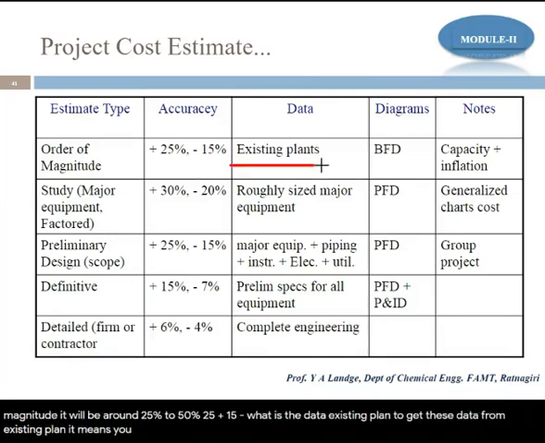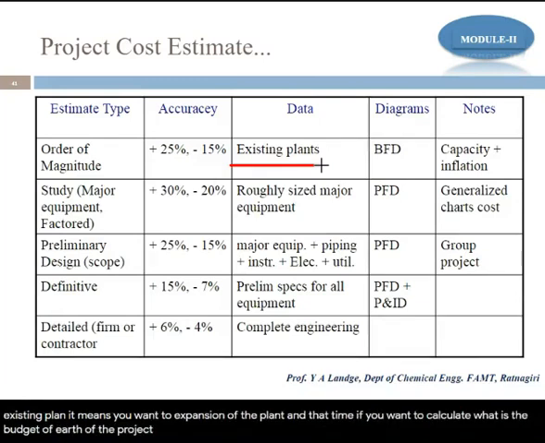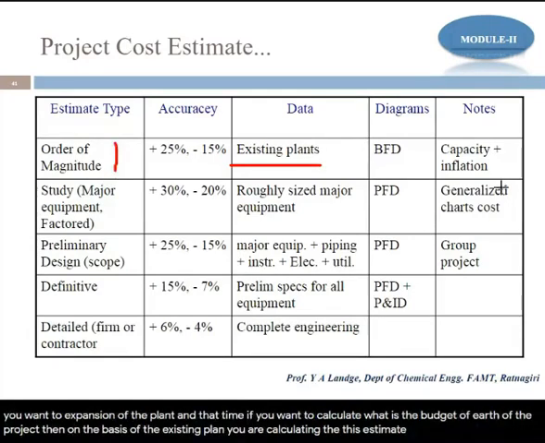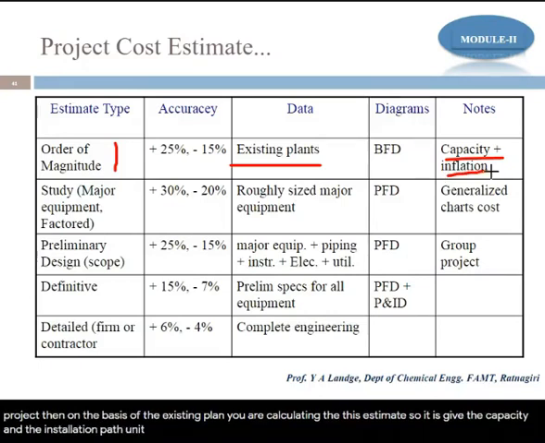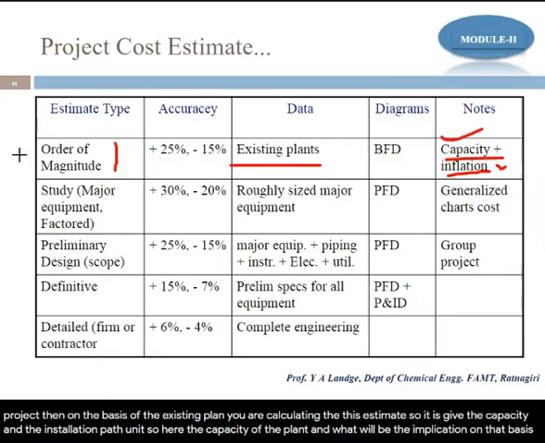It means you want an expansion of the plant, and at that time, if you want to calculate the budget of the project, then on the basis of the existing plant you calculate this estimate. It gives the capacity, and the inflation part you need to add. So here the capacity of the plant and the inflation, on that basis we are calculating this one.